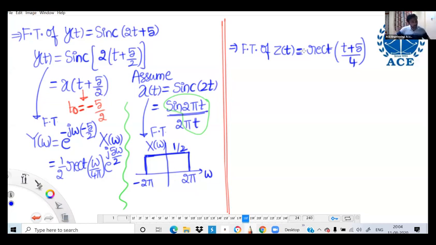How many units of shift would you say? I want the t naught number. x of t minus t naught is our notation. Tell me what is the t naught number. Come on, friends, rect t by 4 is the standard form. What is the t naught number?